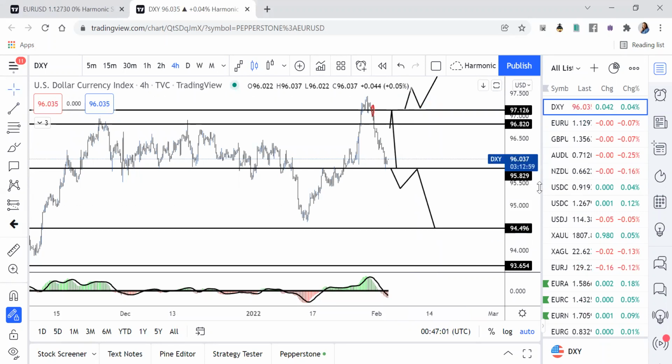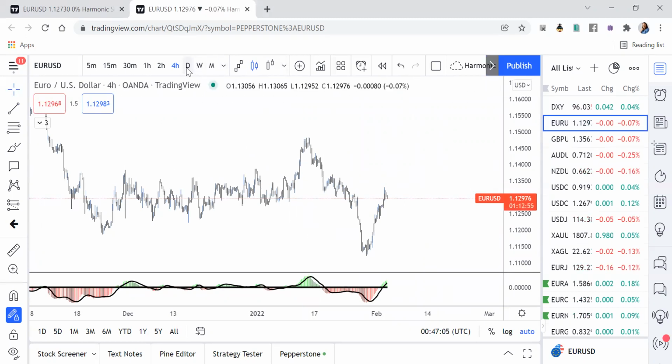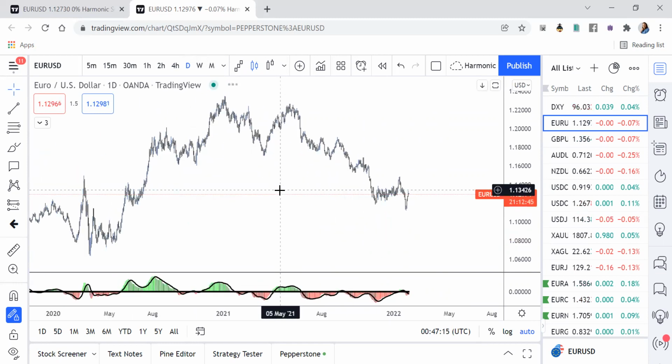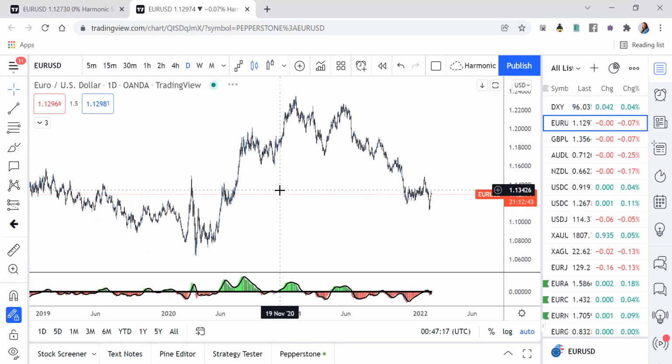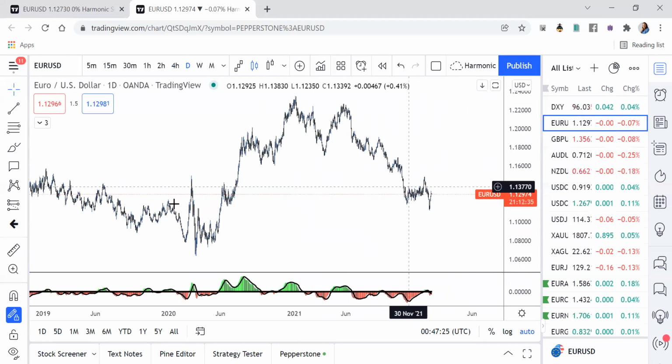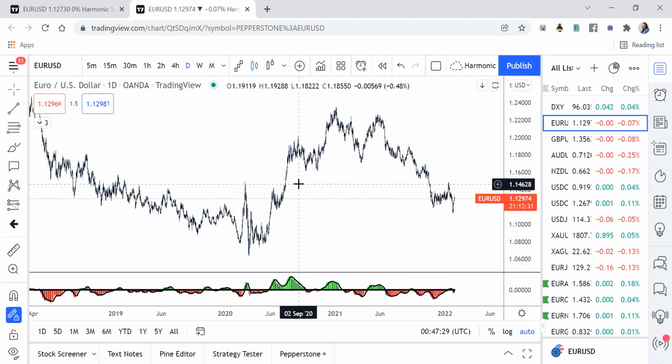All right, so let's go on to Euro USD. Let's start from the daily time frame. So, daily time frame, right? I'm currently in the downtrend. But when I look at the market, I can see things.